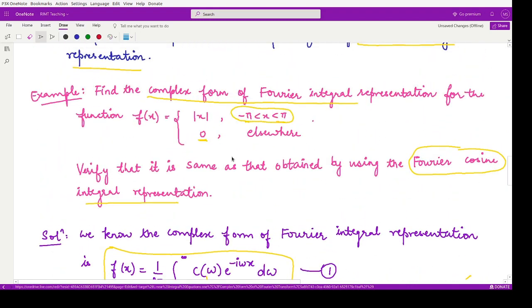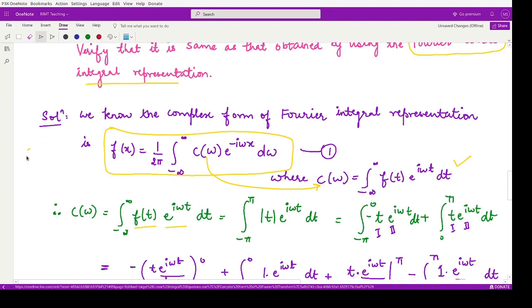So we'll break the limits, we have these limits from minus infinity to infinity, so we'll break it from minus infinity to minus pi, then from minus pi to pi, and then from pi to infinity. So the first integral will be 0, the third integral will be 0, so we would only be left with this integration from minus pi to pi.